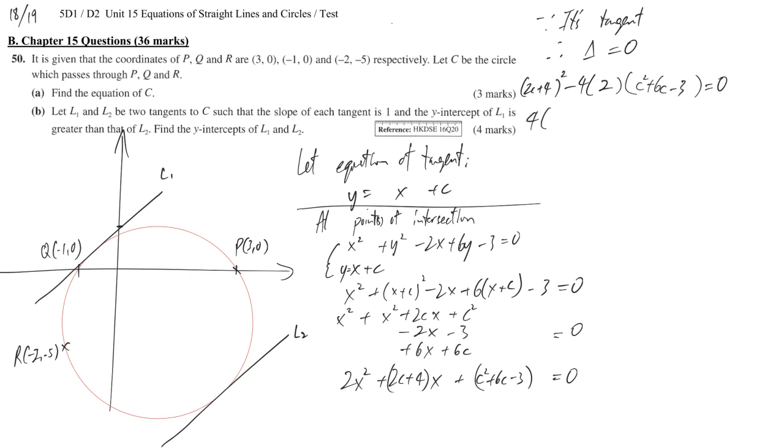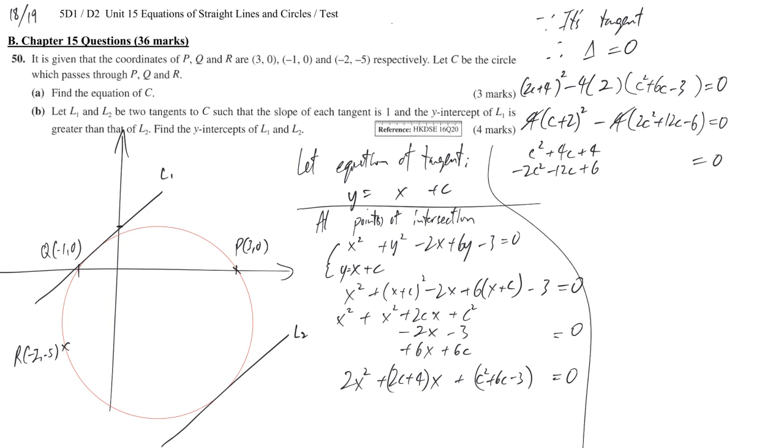I extract 2 and 2 squared becomes 4, so I can divide both sides by 4. 0 divided by 4 is still 0. c squared plus 4c plus 4, minus 2c squared, minus 12c, and then plus 6 is equal to 0. And then negative c squared minus 8c plus 10 is equal to 0.